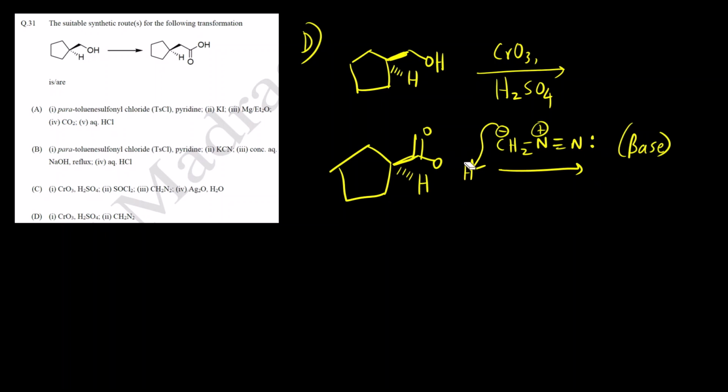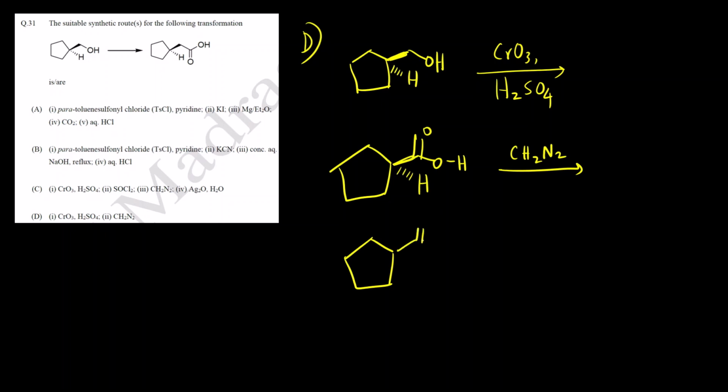Okay, and what we will get is CH2N2, a C double bond O minus, hydrogen, and CH2 minus has picked up hydrogen. So it has become CH3 and N2 remains as it is.